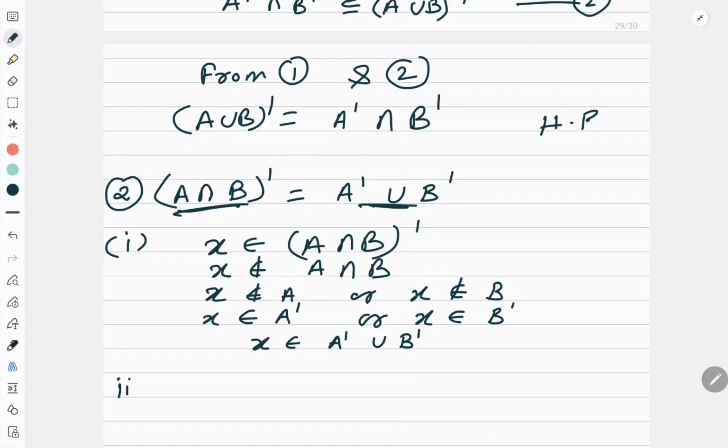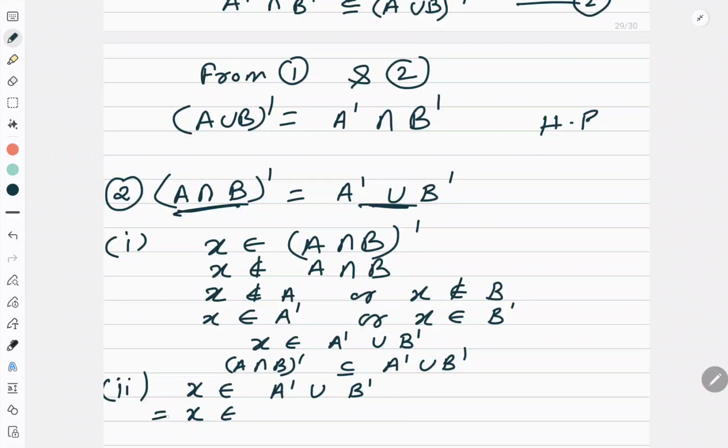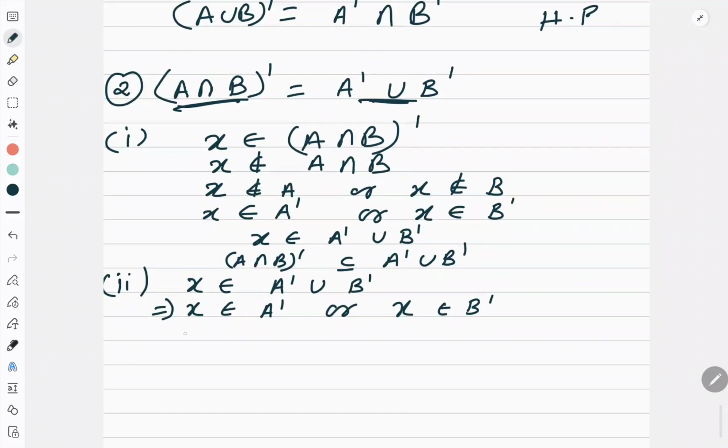Now let's come to the second part. First part has given me that (A intersection B) complement is a subset of A complement union B complement. Now the second part, reverse. Let X belong to A complement union B complement. Implies X belongs to A complement or X belongs to B complement. Right?